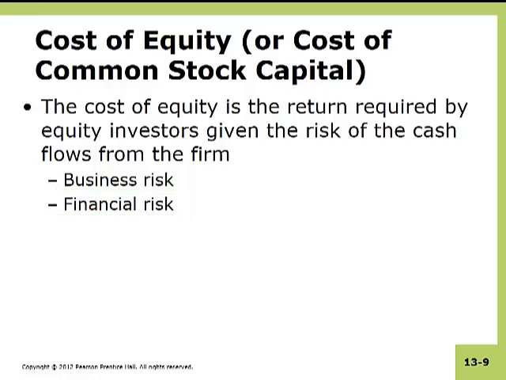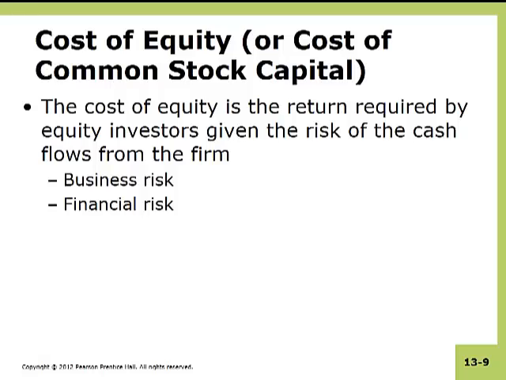Business risk is the risk that people won't buy the firm's stuff. The business risk is that demand is lower, and therefore people quit buying as much of the firm's products, goods or services. And it's also based on financial risk.